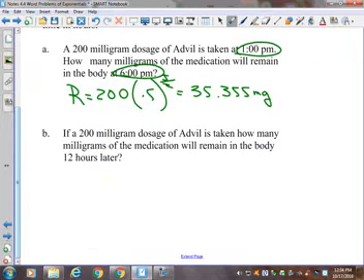So our second question asks us to take the same dosage and figure out how much would be in our body after 12 hours, because we need to see, is it really that 4 to 6 hour thing, or is it a 12-hour thing? So 200 times 0.5 to the 12 divided by 2. Yeah, we know how to divide that in our head.